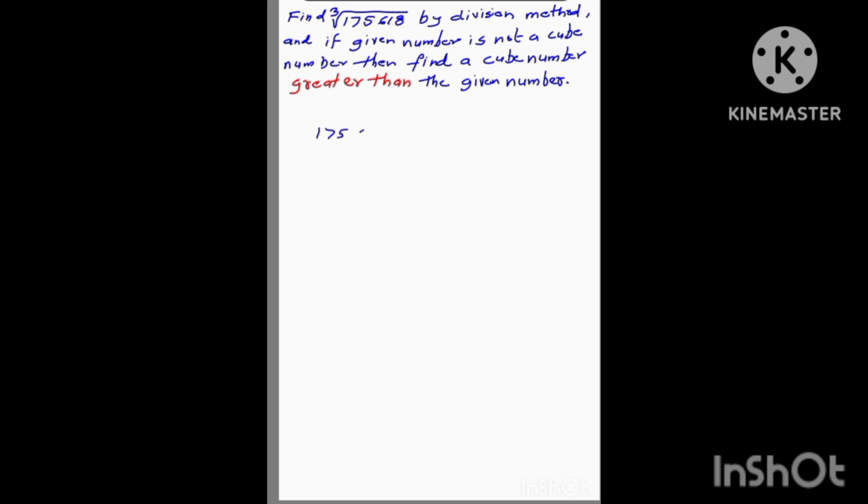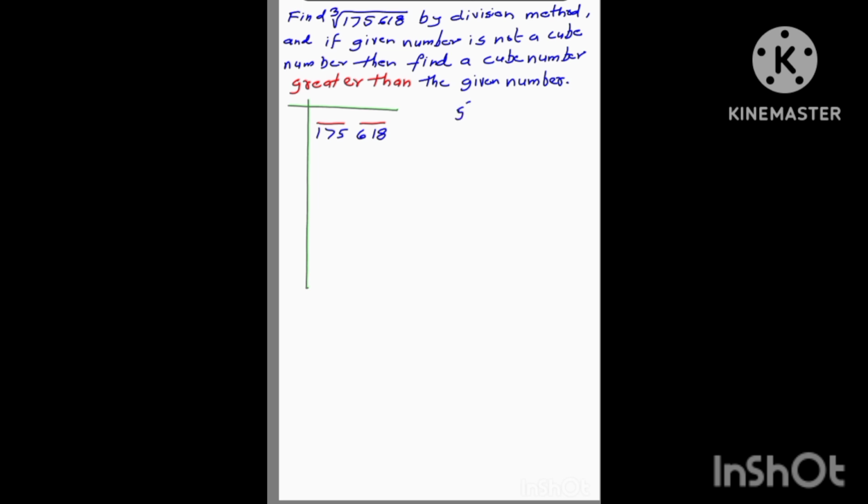175618 I am writing, then groups of 3. 618 will be the first group from the right side, and 175, then 2 lines, and consider only this first group 175, and locate the numbers whose cubes are lesser and greater, nearest to this 175.